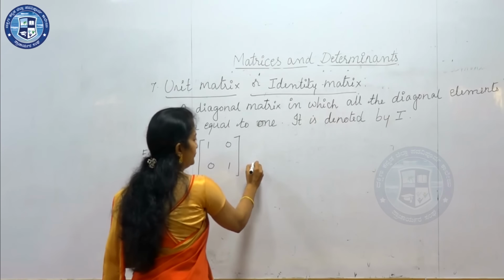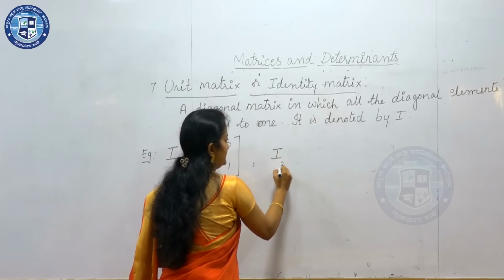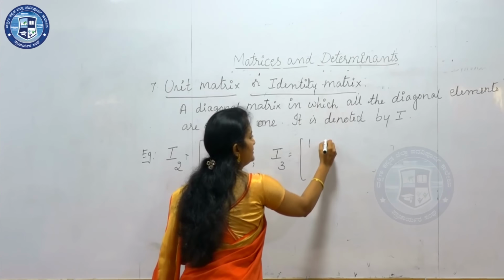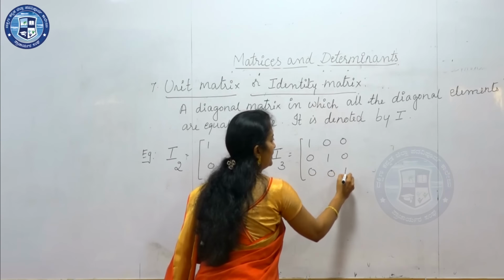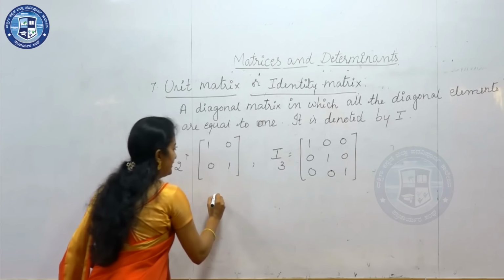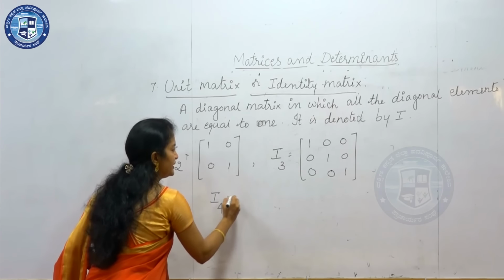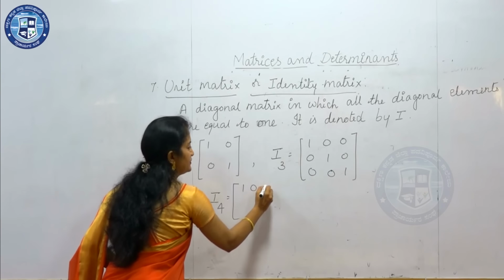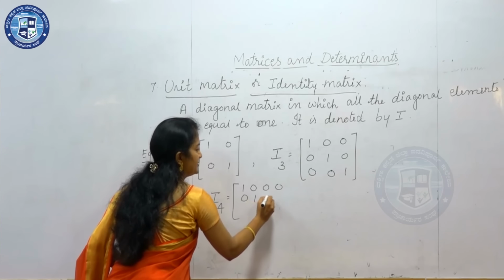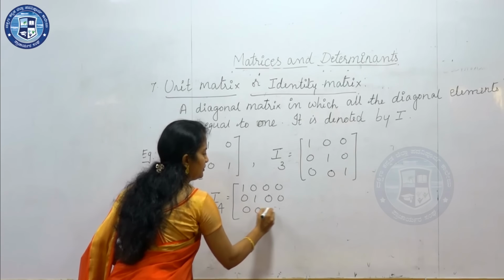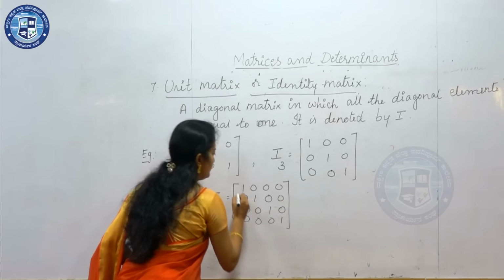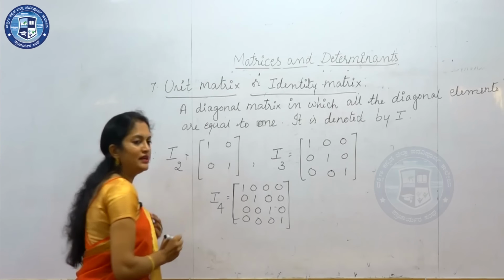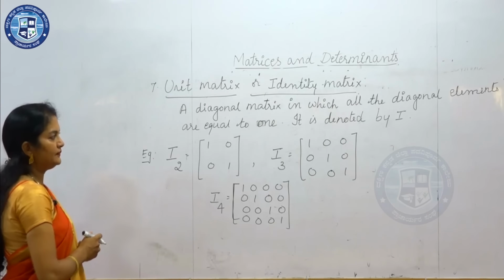Unit matrix of order 3 is 1, 0, 0, 0, 1, 0, 0, 0, 1. Unit matrix of order 4 is 1, 0, 0, 0, 0, 1, 0, 0, 0, 0, 1, 0, 0, 0, 0, 1. This way we can write the unit matrices.